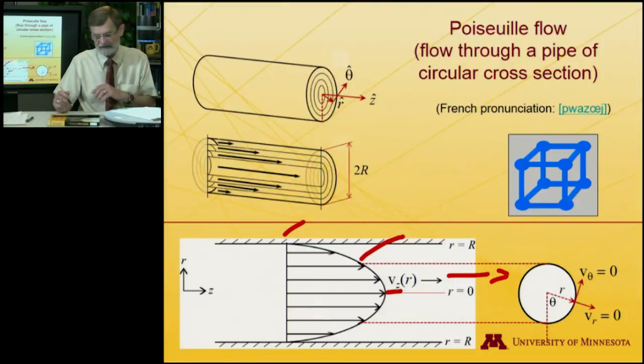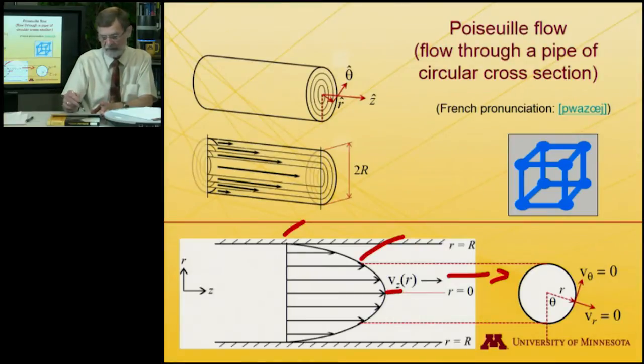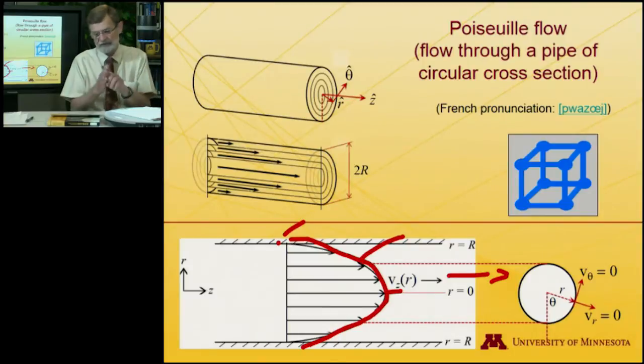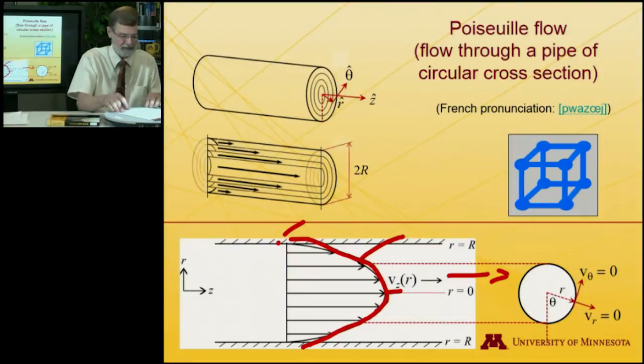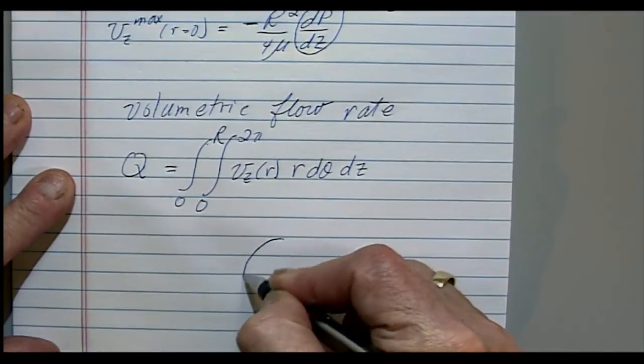The way I can think about that is I have to integrate along the radial position, because the velocity is a function of radius, as shown here. The velocity depends upon r, and then I have to integrate it across the full area. So if I go back to my notes, I'm going to think about fluid coming out this pipe.